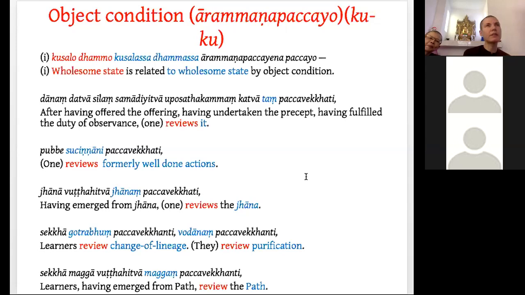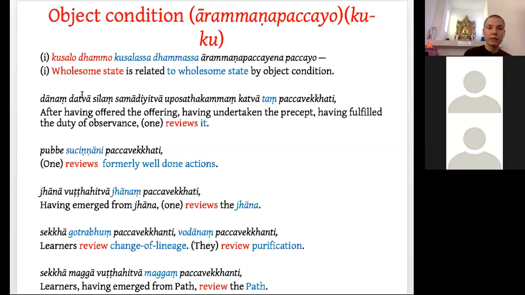Not even the action, but the wholesome states that were arising previously. When one reviews these wholesome states, the consciousness is also wholesome.